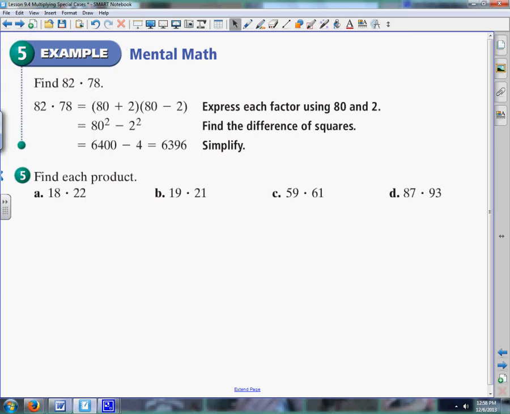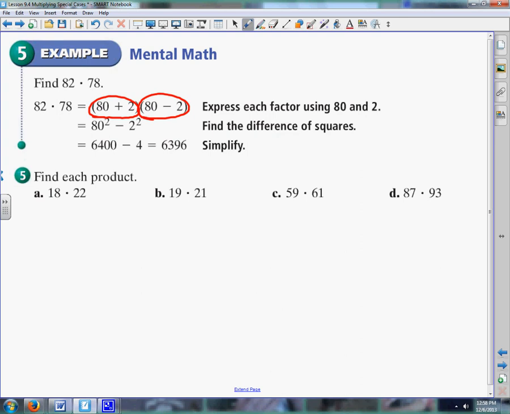All right, some more mental math. Express, okay, so you have 82 and 78. So those are both 2 units from 80. So what they're doing is they're saying, okay, do 80 plus 2 and 80 minus 2. And then you just have to do 80 squared minus 2 squared, and you'll find your answer.